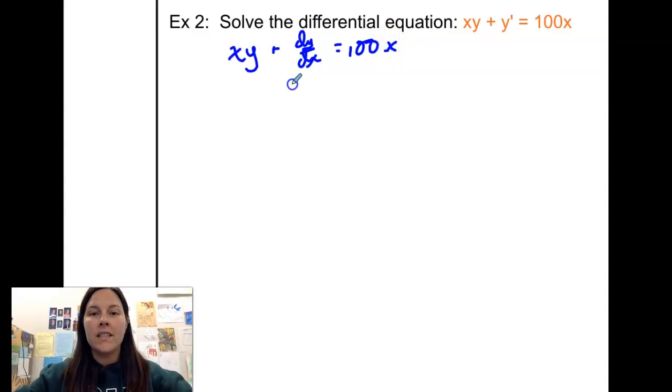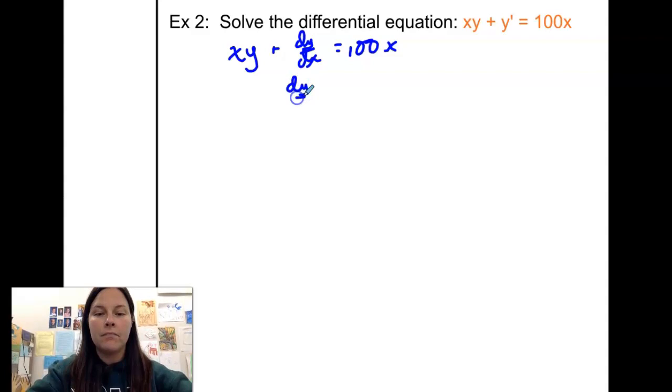So what I notice is that I have two terms with an x, and I want my x terms on the same side. So I'm going to subtract that xy from both sides. And then what that does is gives me an opportunity to factor the x out.